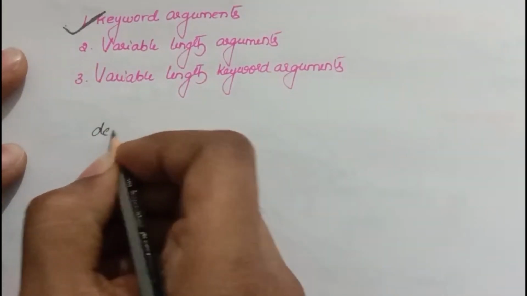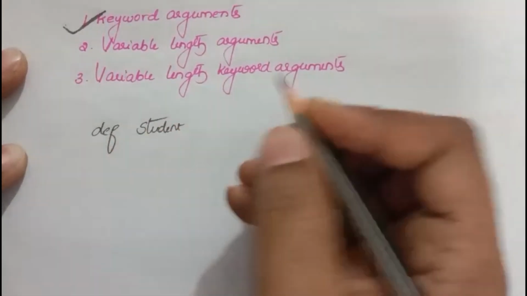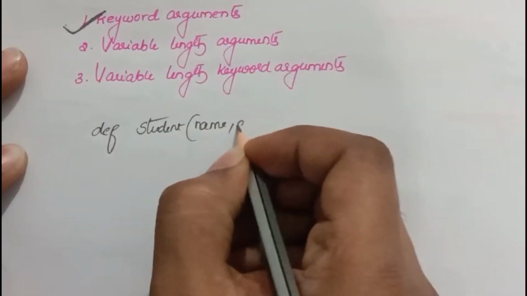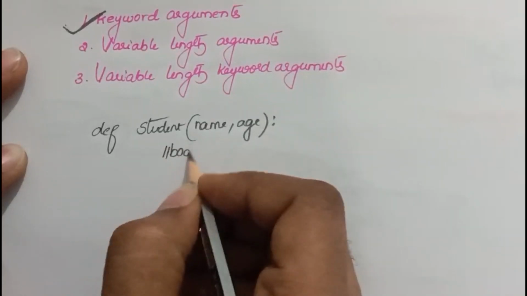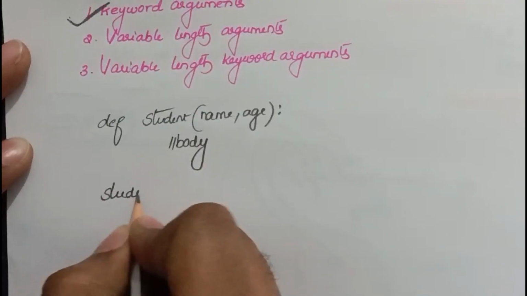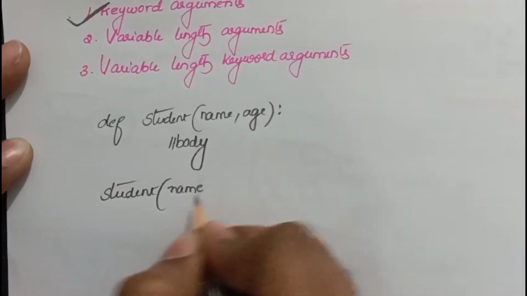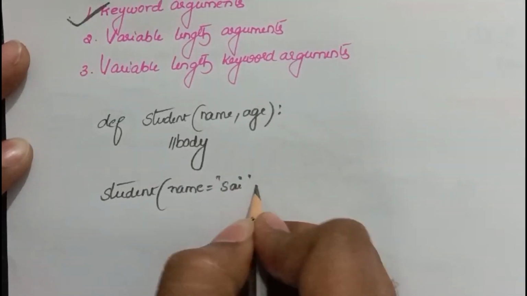For suppose, let's say function definition def student. It accepts two parameters, name and age. Here is the body of the function. And now when we call that function student, we define to which parameter the value we are passing should get assigned.